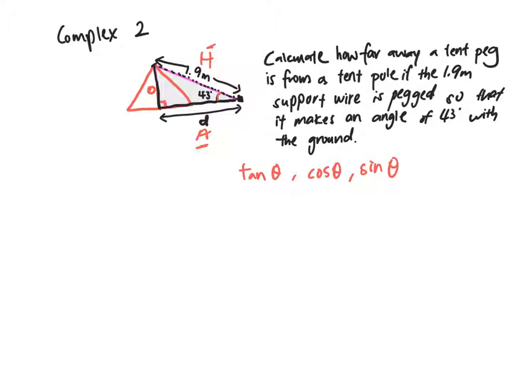So back to it. We will be using cos, because cos theta equals adjacent over hypotenuse, and in this case theta is 43, we don't know the adjacent, which is represented by d, and we do know the hypotenuse is 1.9.